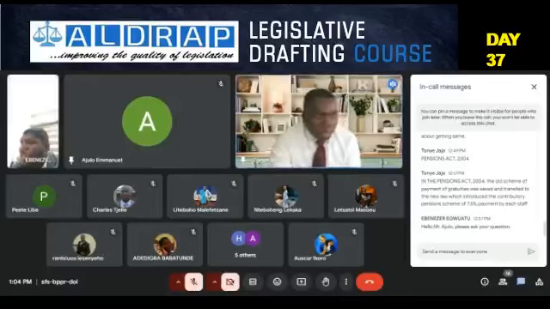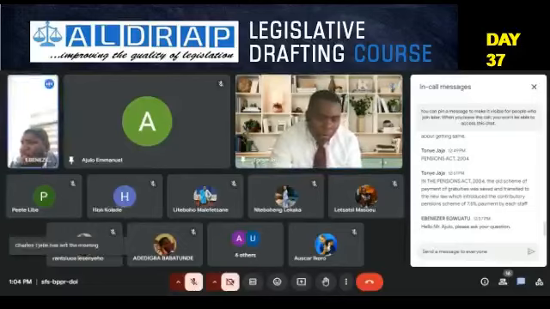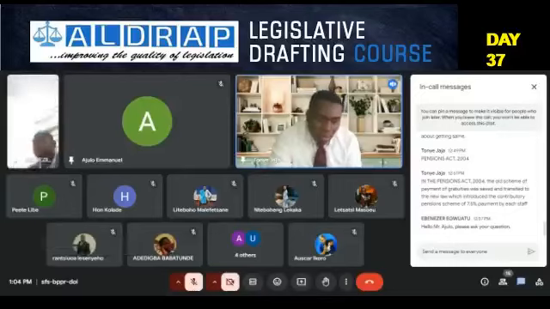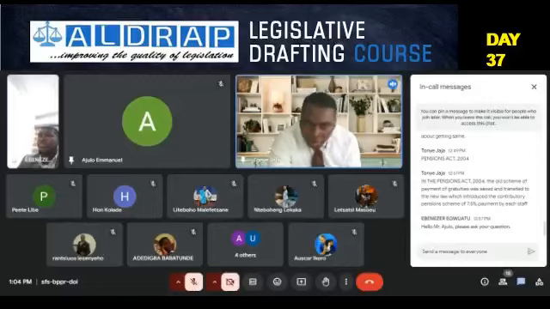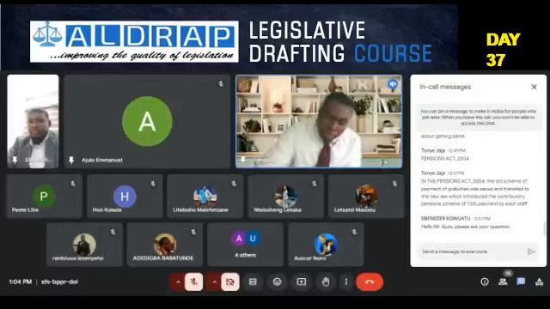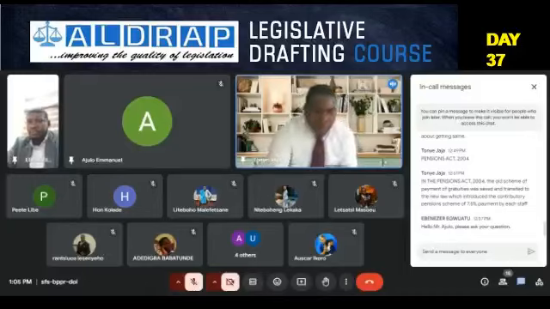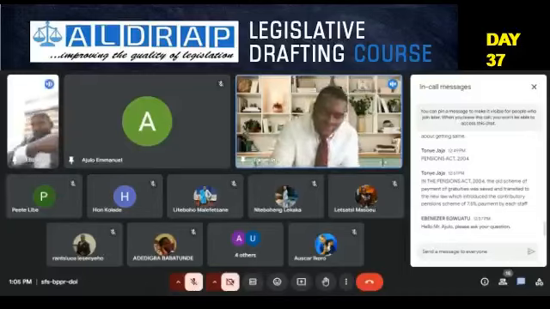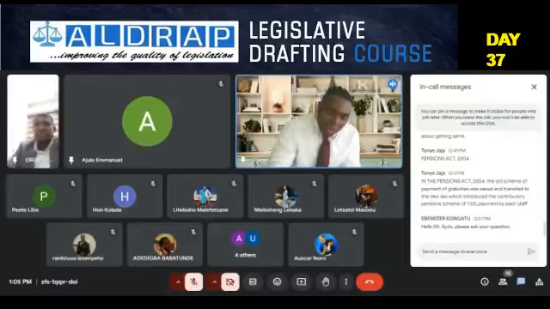I said it happened because of the drafters. Two laws in ICPC happened because the drafters did not look, when they were drafting the final provisions. The first ICPC Act was passed in the year 2000. The second one, 2003. So when the one of 2003 was being drafted, when you get to the final provision, ideally, you're supposed to look at all the existing laws. Nigeria has 552 laws.